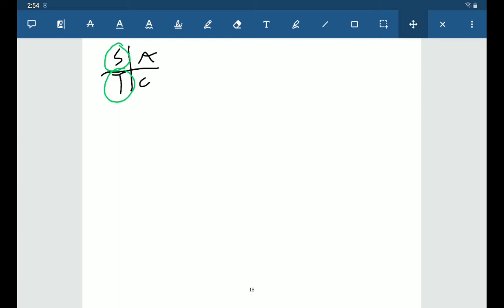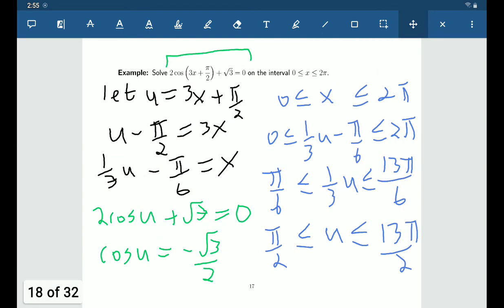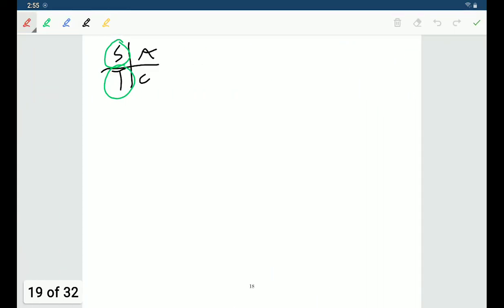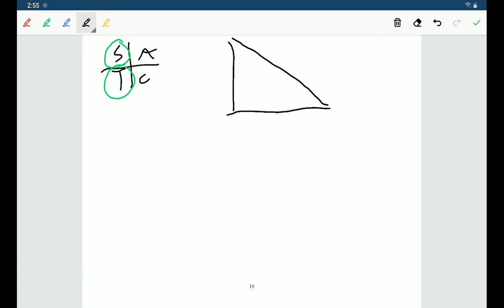So I'll first find solutions in quadrant 2 and 3, and then the other solutions I'll find, there'll be 6 of them in total, by going a full circle ahead and then another full circle ahead. Now, we're looking for cosine of u to be negative root 3 over 2. And root 3 over 2, again, we'll remember that hopefully from our special triangle, the 30, 60, 90 triangle.